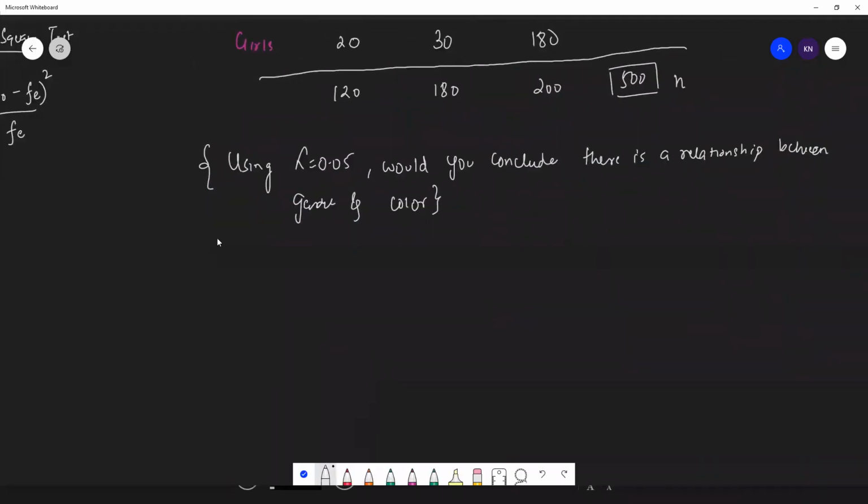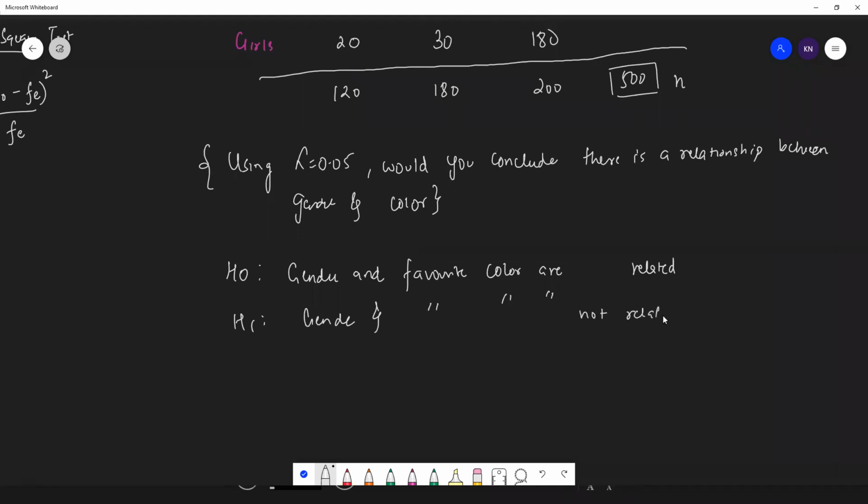Okay, so null hypothesis, tell me. Gender and favorite color are not related, or I can write are related. H1, gender and favorite color are related.